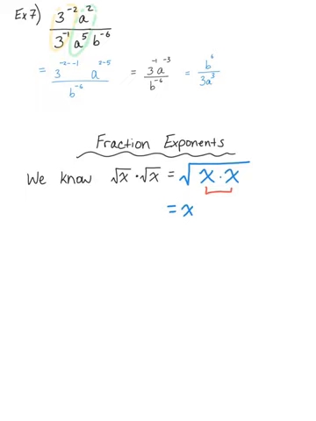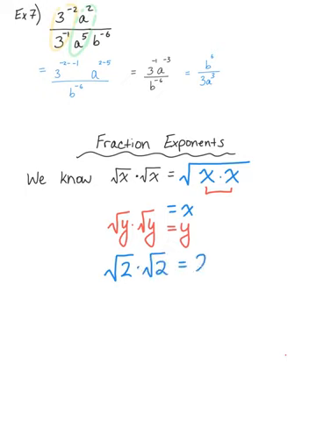So anytime you have a square root of something times itself, you are always going to get whatever was inside. So square root y times square root y will always give you y. You can do it with numbers as well. Square root 2 times square root 2 is just 2. So anytime you have roots, if you multiply them by the root type, you're going to get the number underneath.